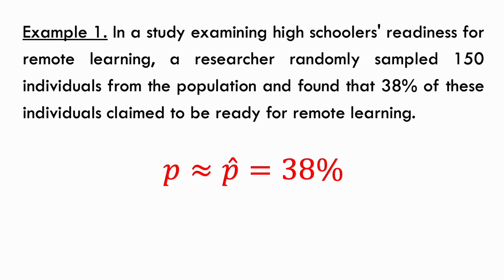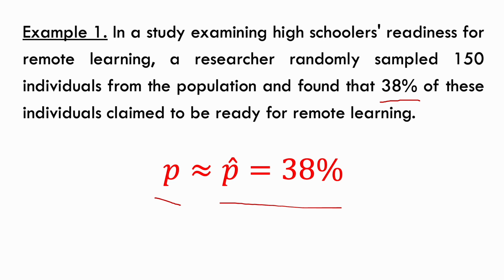Going back to our example number 1, so sinasabi natin dito na 38% out of the 150 na samples claimed to be ready for remote learning. And we are estimating now the population proportion using the sample proportion.